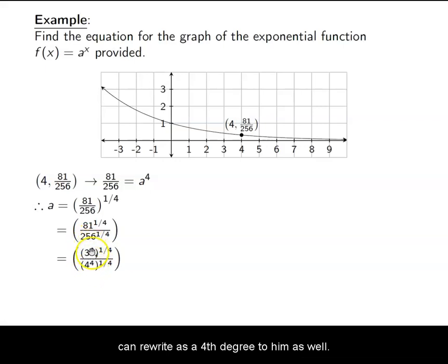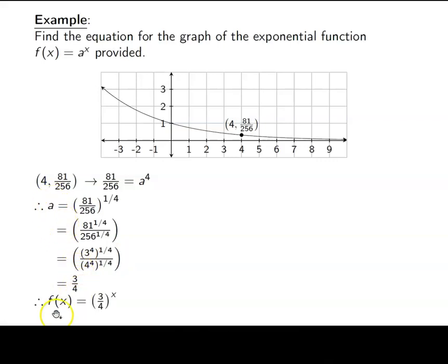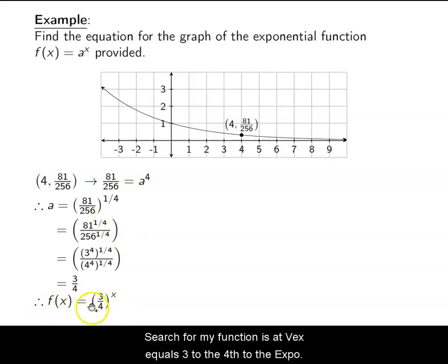So it's 3 to the 4th to the 1/4 power and 4 to the 4th to the 1/4 power. Rules of exponents says I multiply these, which is nice because 4 times 1/4 cancels, and I get a value of 3/4 for my base of A. Therefore, my function is f of x equals 3/4 to the x power.